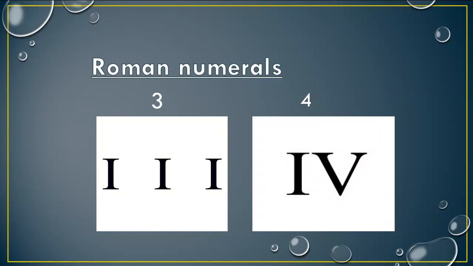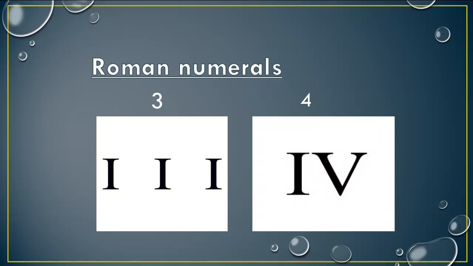And even the Romans realized that this is a problem. So they decided that they will never use 4 consecutive symbols at once. So while writing a Roman number, never use any symbol more than 3 times consecutively.